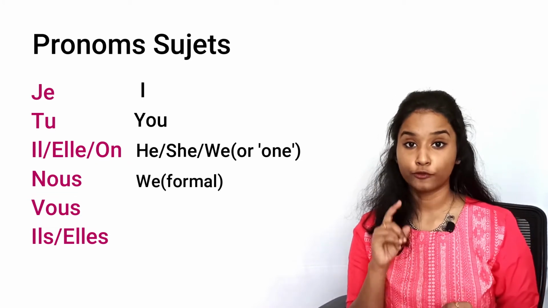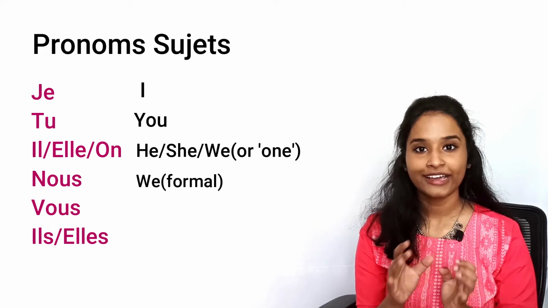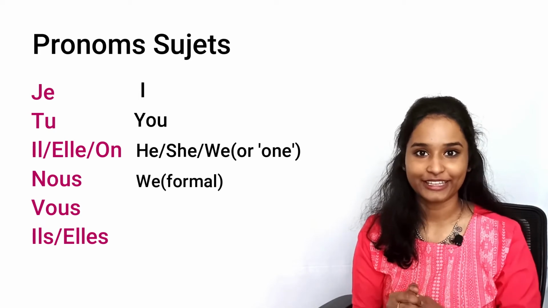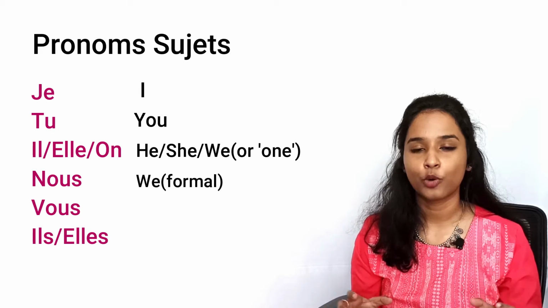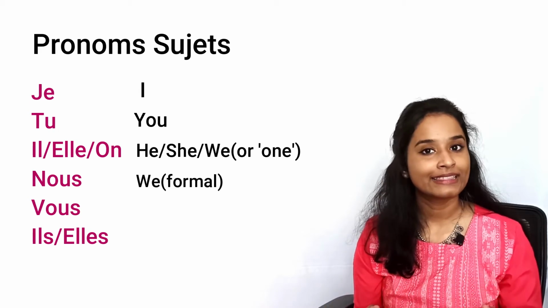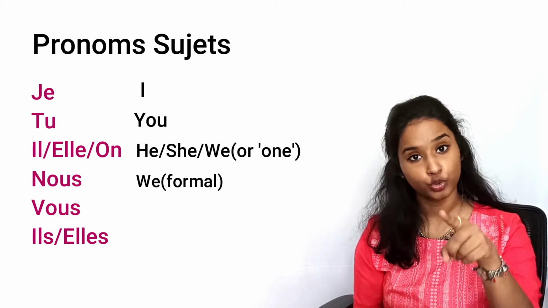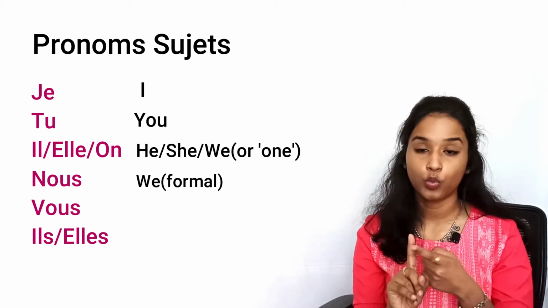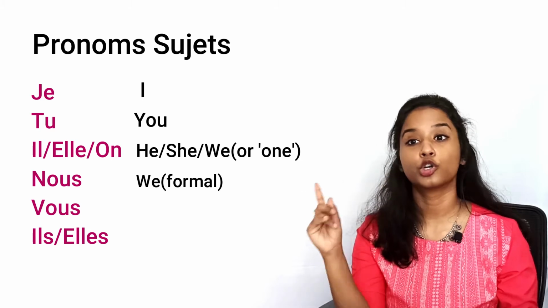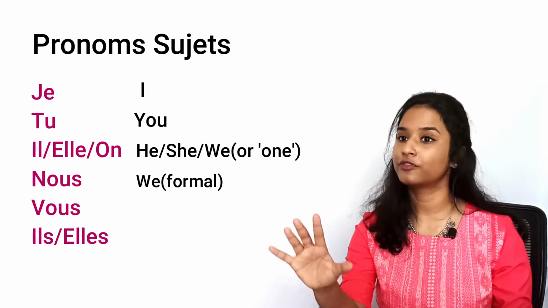Next one is vous. Now I keep telling you that French is like Hindi, right? We will look at that a little more in detail now. In Hindi you have tu and aap, right? Tu refers to you. Aap can be used for two things. One is to refer to a group of people, okay, like all of you.